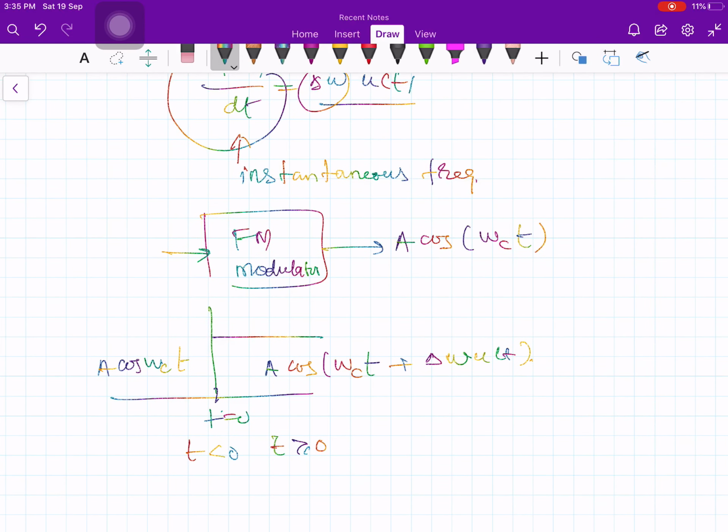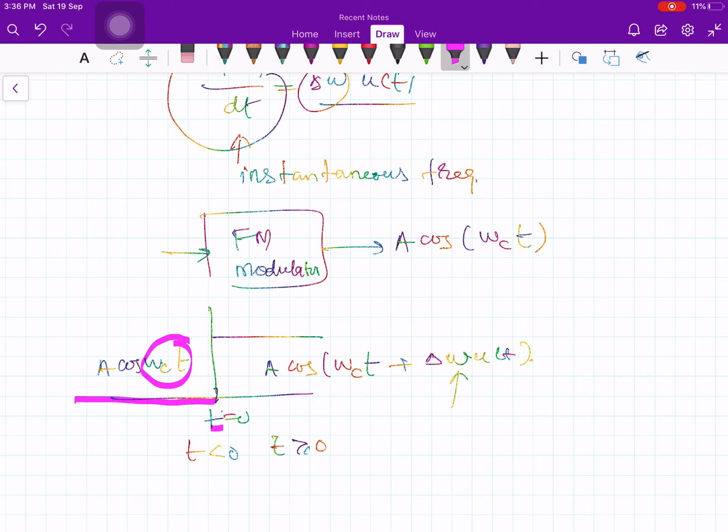Suddenly you provide a step change in the frequency. It produces omega ct up to this point. At t equals 0 you apply this step function, therefore your frequency will be increased by delta omega times u of t.